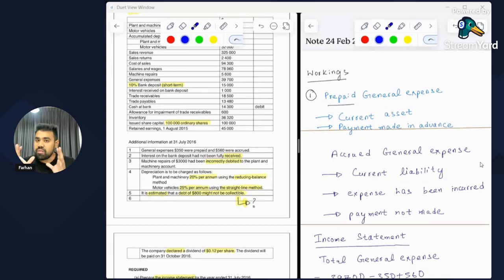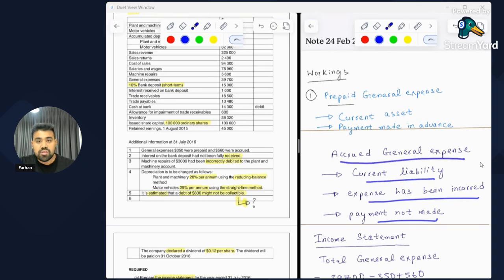All right. So we have used the benefits that come with this expense, but we still haven't paid for this expense, which means payment is owing. All right. So the expense has been incurred and the payment has not been made. And that is why this falls under the definition or category of a current liability. And therefore, we call it an accrued general expense or general expense owing.